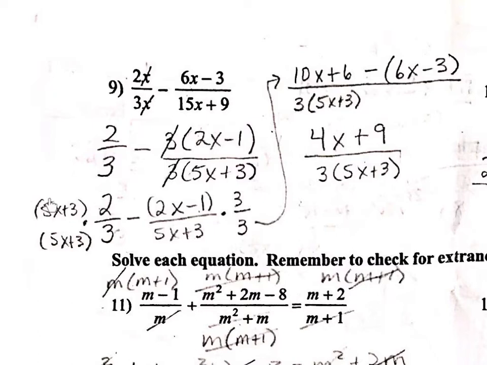All right, so 5x times 2 gave me the 10x that I have here, and then 3 times 2 gives me this 6 right here. Then I have minus. Now be very careful right here because this is a minus 2x times 3, so minus 2x times 3 is minus 6x.